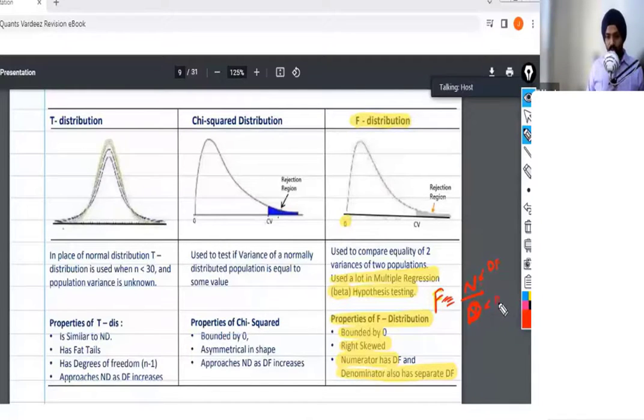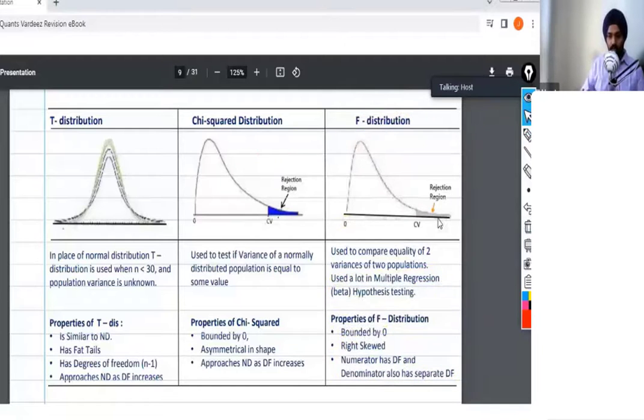Just like the Z table that we saw, we also have an F distribution table. On the table, you will see numerator degrees of freedom and denominator degrees of freedom. We'll look at this when we are doing the hypothesis testing.